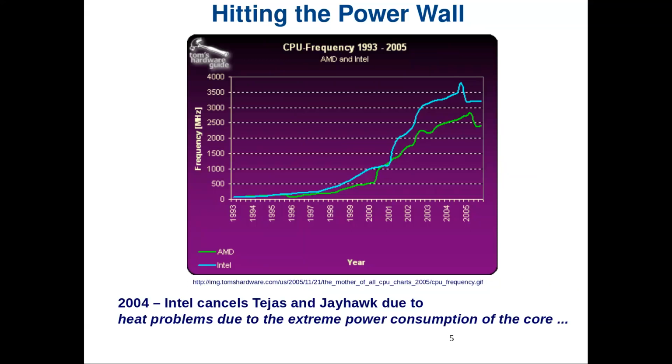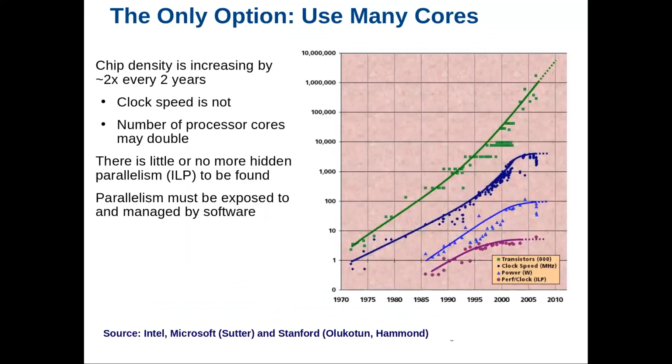Right? If there was a way, then the only way was to go parallel. Right? But what do we require to get parallel? Right? So if you look at this ILP, that is instruction level parallelism that you can achieve, that was tapering.